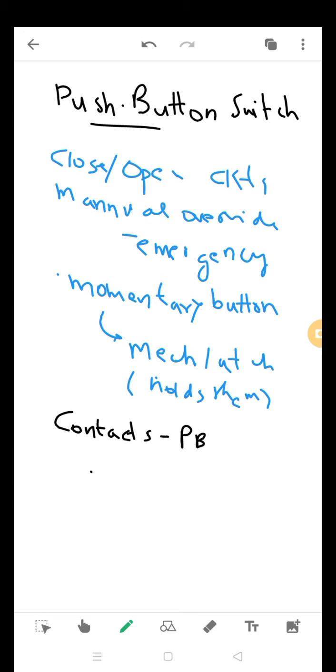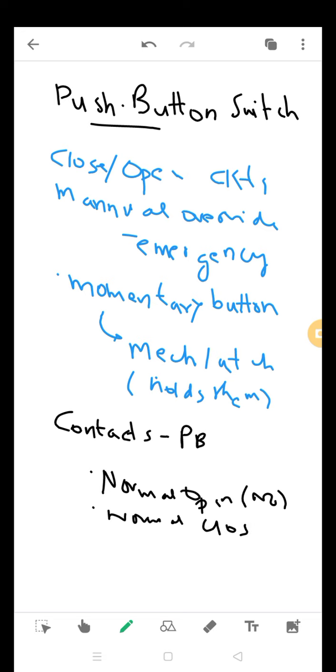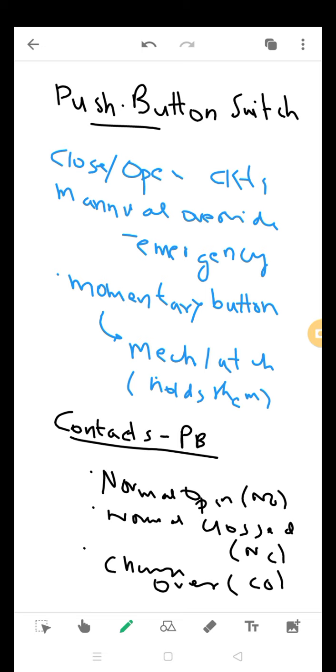First is normally open, call it NO, then normally closed, call it NC, and there is a changeover, CO. So there are 3 contacts of the push button.